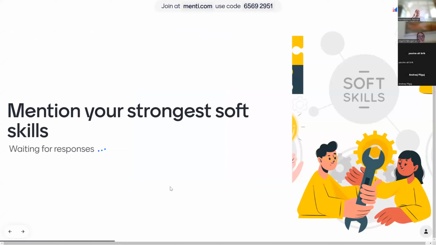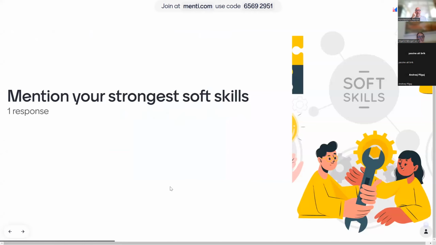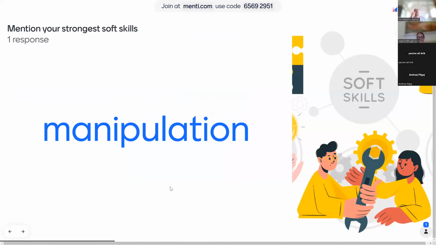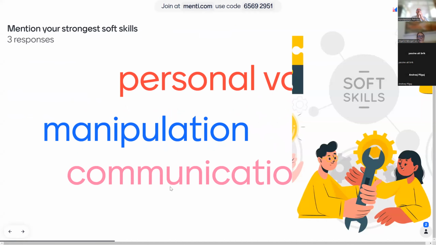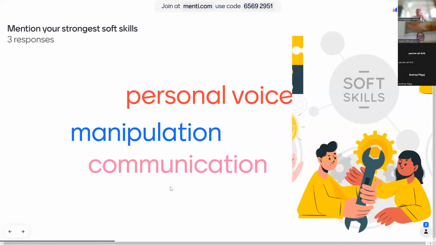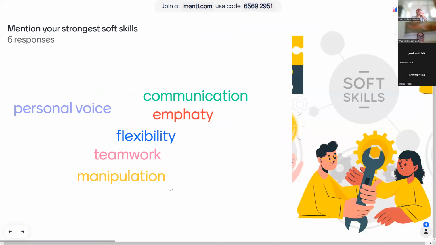Probably it's not the truth, but how do I communicate the truth? But manipulation, wow. I would like to discuss manipulation with you. Sometimes it's good, sometimes it's bad. Communication, personal voice, empathy. Oh, it's something that I suffer a lot with myself.